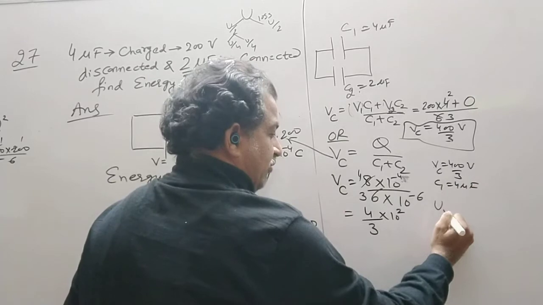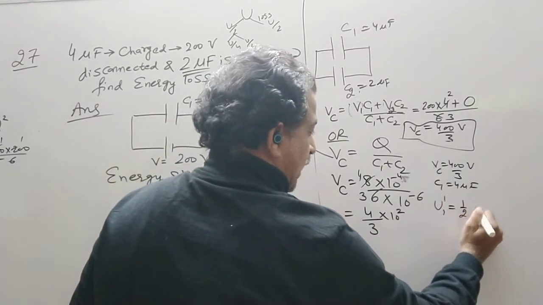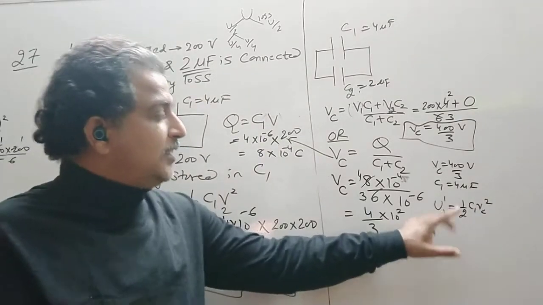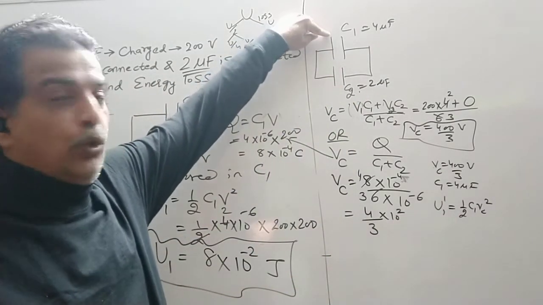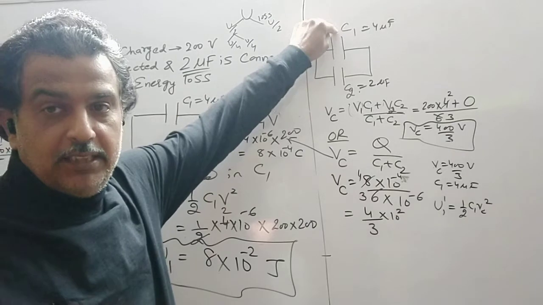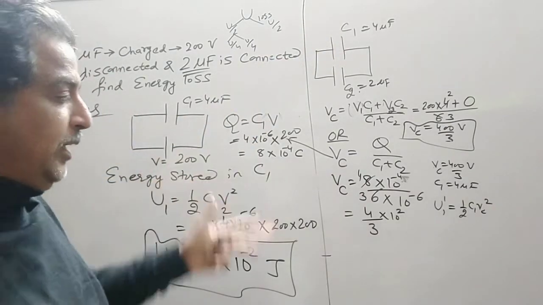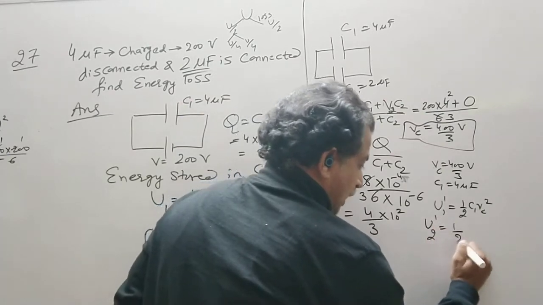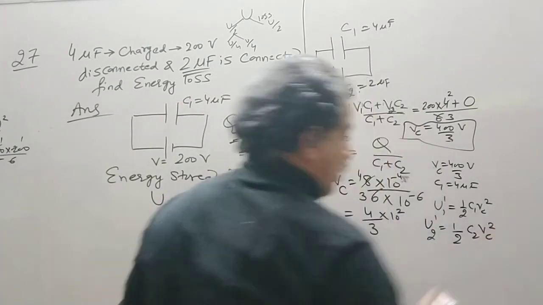So new energy will be U1 dash is equal to half C1 VC square. This is when it is asked how much energy is stored in C1 after disconnecting the battery. Similarly, the energy stored in C2 is U2 dash, so it becomes half C2 VC square.